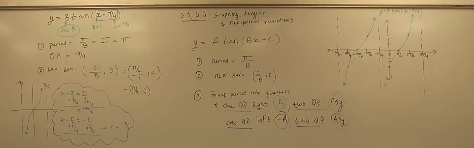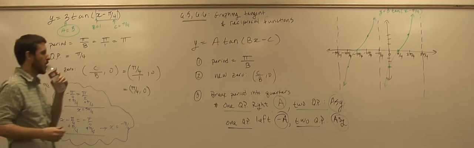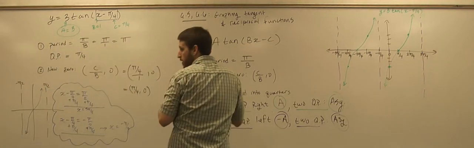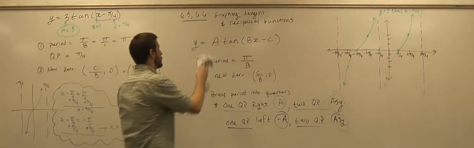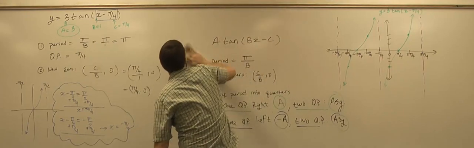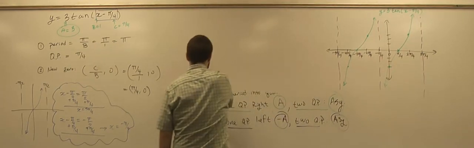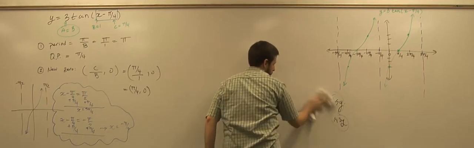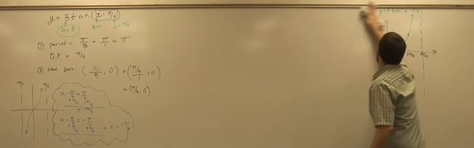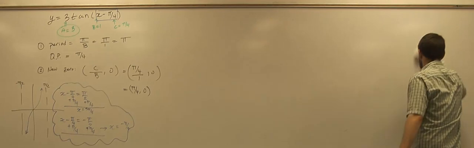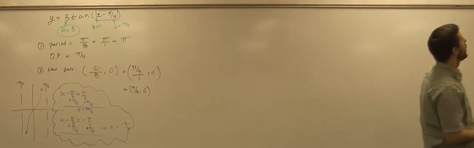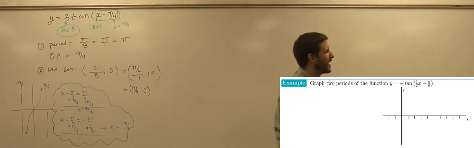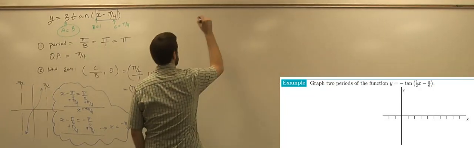Try another one? Alrighty. Y equals negative tan(1/2 x minus pi over 6).